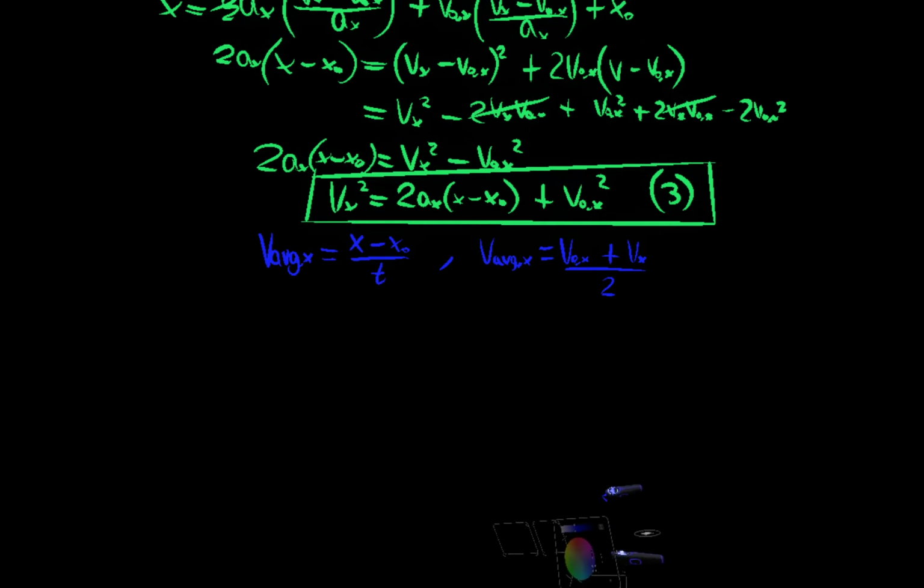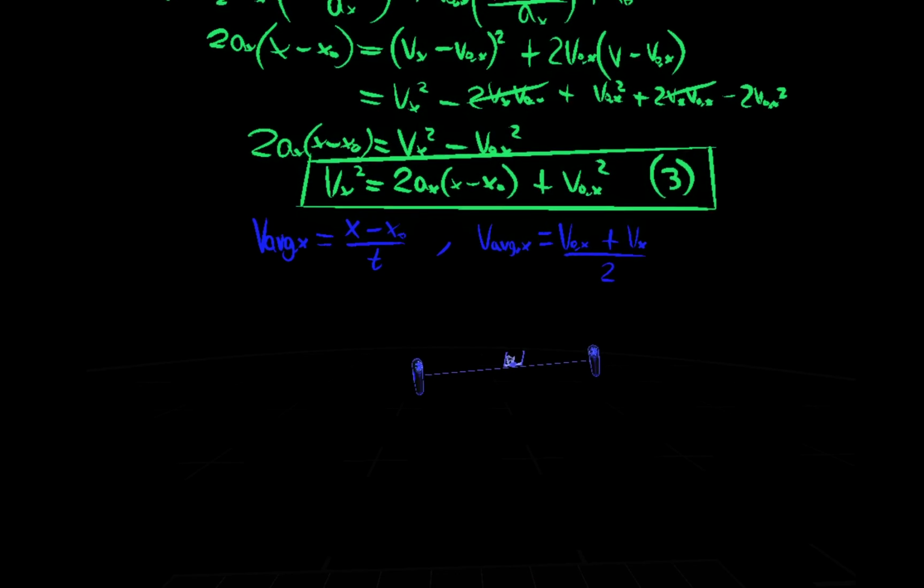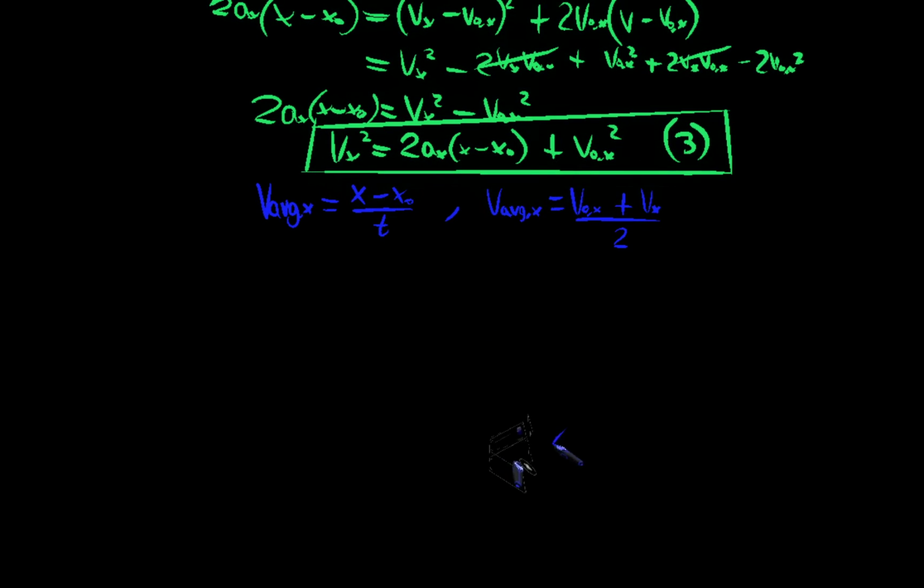All right. You may have been wondering why we didn't do this earlier. We can just take these two and equate them and see what pops out. So x minus x naught divided by t, we're going to set equal to v naught x plus v x divided by 2.